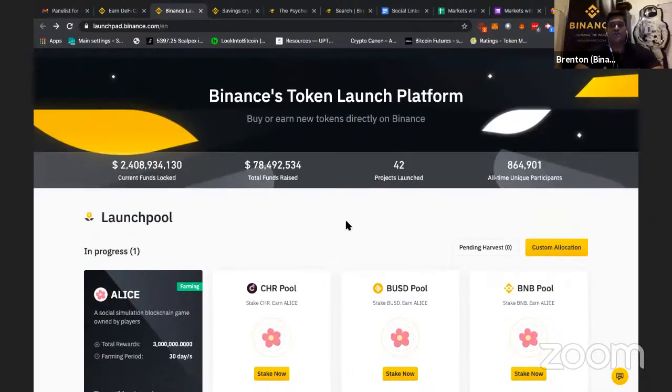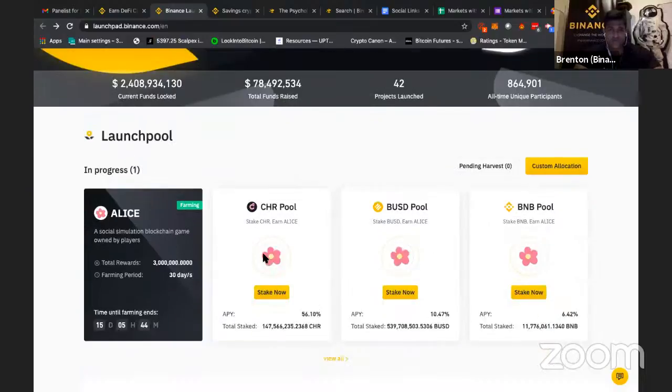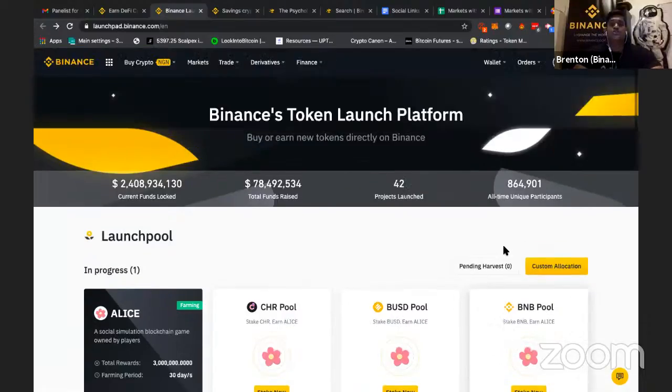So it's not like some sort of fly-by-night thing. And there's been close to 1 million unique people participating in the Binance launch pool. So maybe you want to be a little bit more risky, and instead of earning BNB from your BNB or your Binance coin, you can use it to earn some amazing new projects. So that's option one.